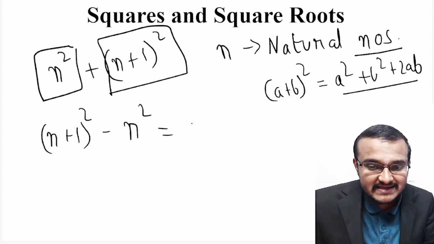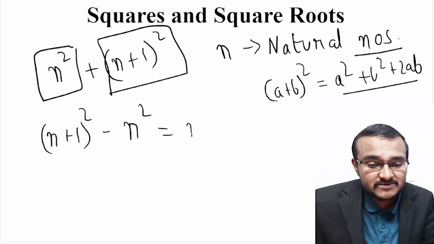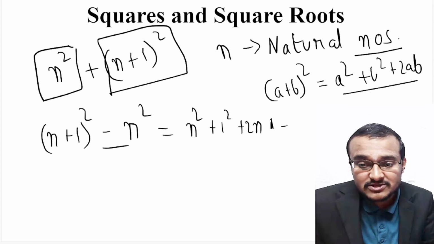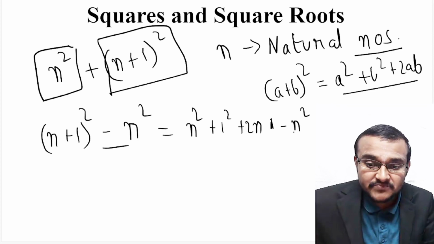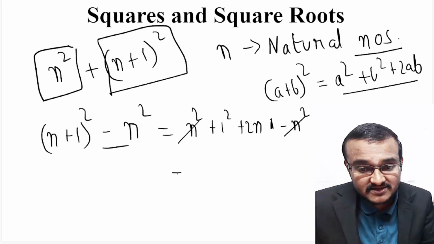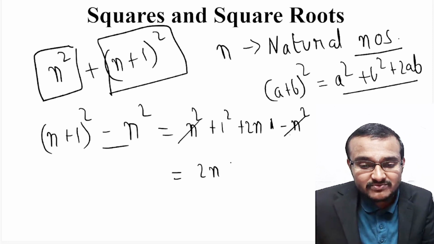Here a is n and b is 1. Just substitute that. It will be n square plus 1 square plus 2n into 1, that is 2n. Minus n square is there along with this. So here minus n square and plus n square cancel each other. Finally you will be left with 2n plus 1.